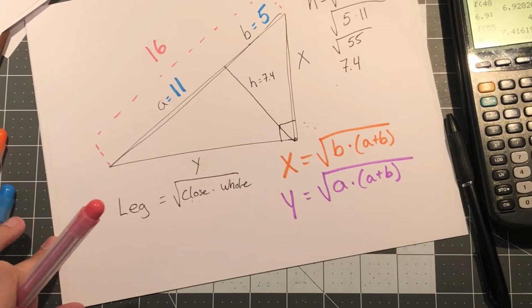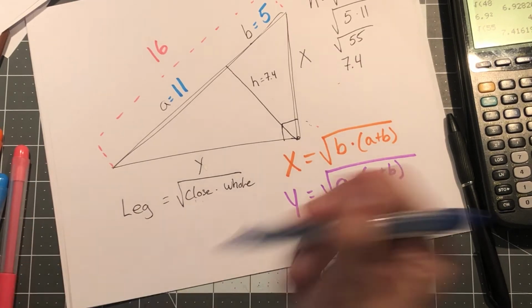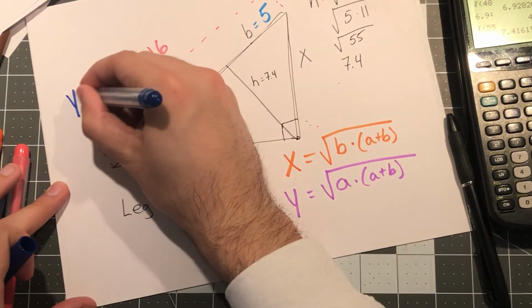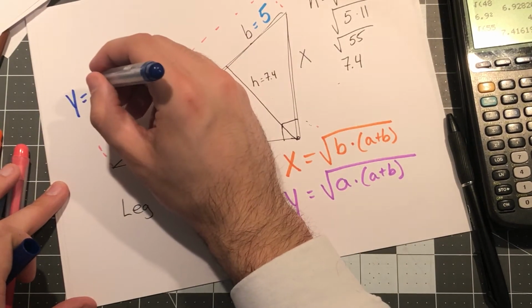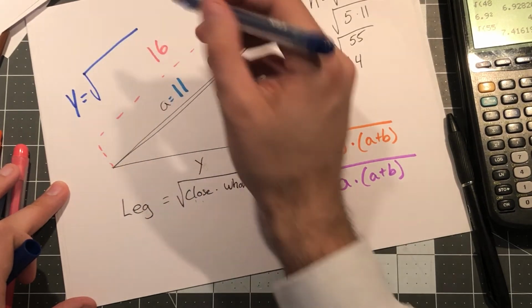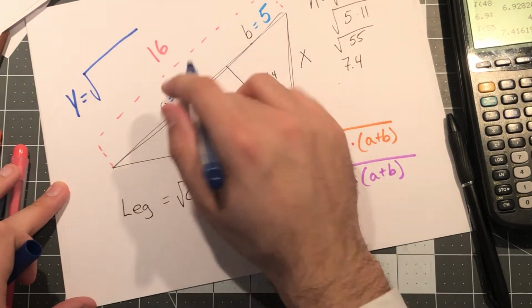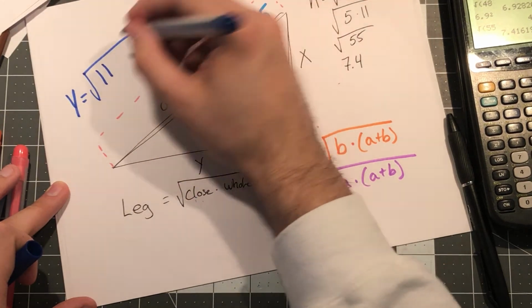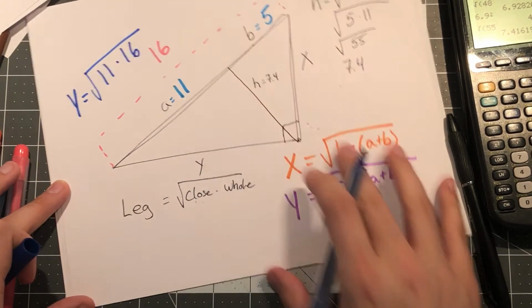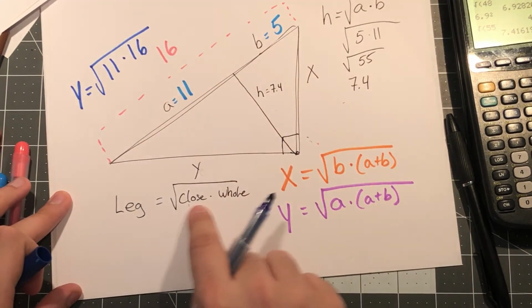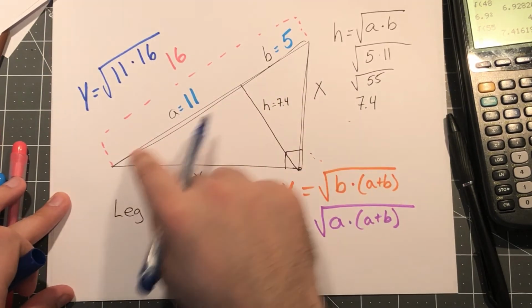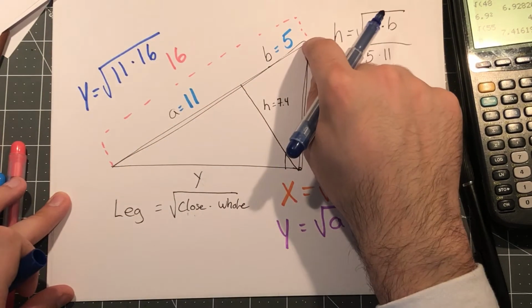So if I wanted to find y, for example, I would do something like this. I would do the square root of, the close part is 11 times 16. The geometric mean of the close part of the hypotenuse to y times the whole hypotenuse.